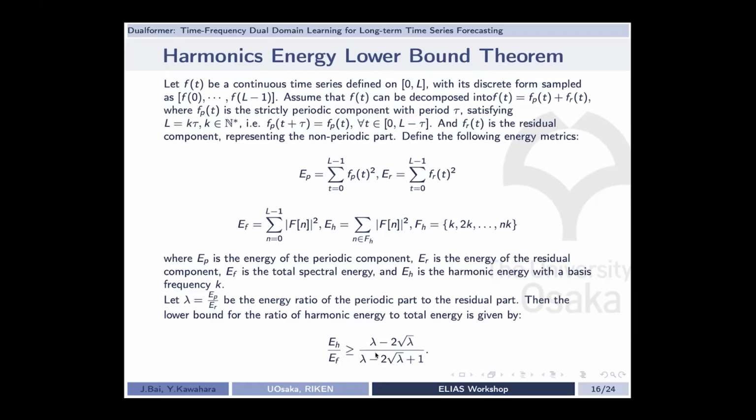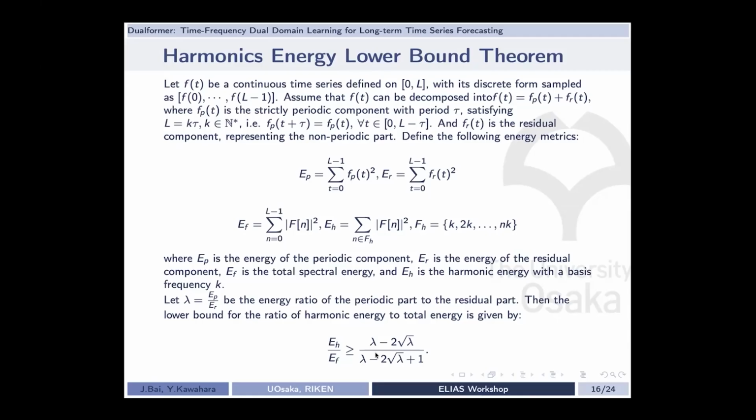Given this basic frequency K, we define the harmonic energy ratio, where lambda is the energy ratio of the periodic part to the residual part. We can get a lower bound for the ratio of harmonic energy to total energy in this inequality.